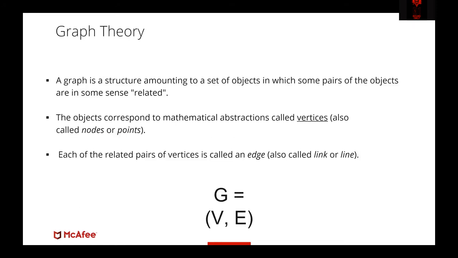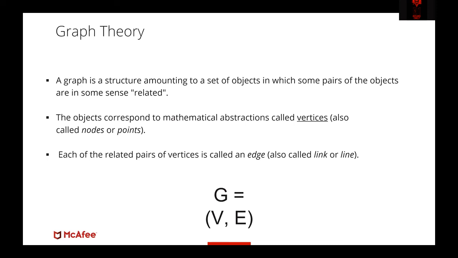Next slide, please. Yes. So before diving into the graph correlation concept, let's talk briefly about graph theory. Basically, graph theory is about putting a set of objects in a structure and putting those objects in relationships.